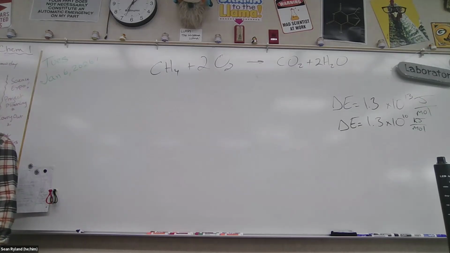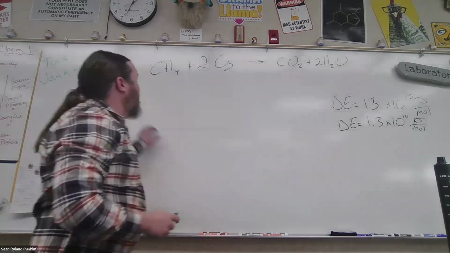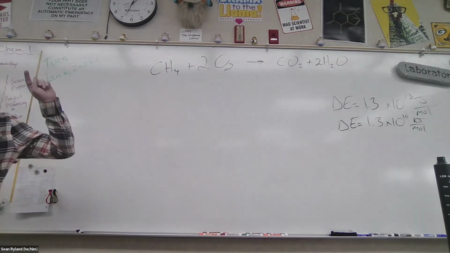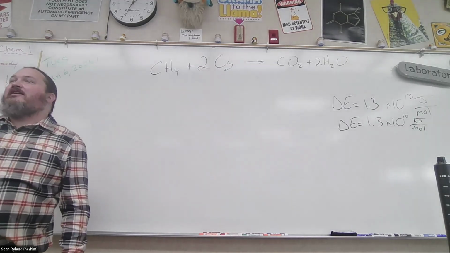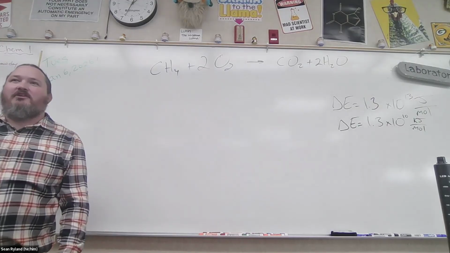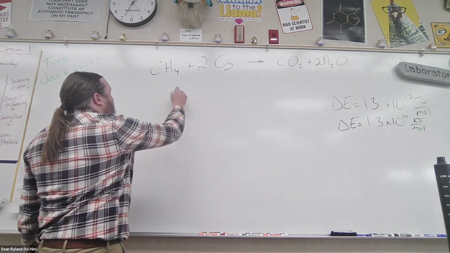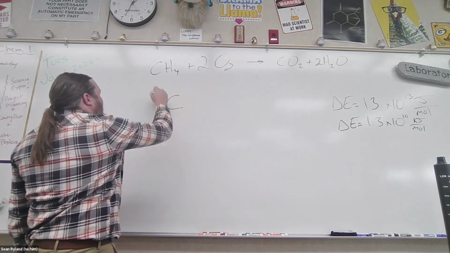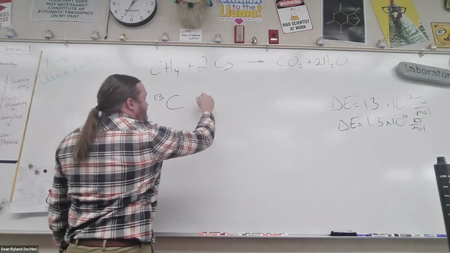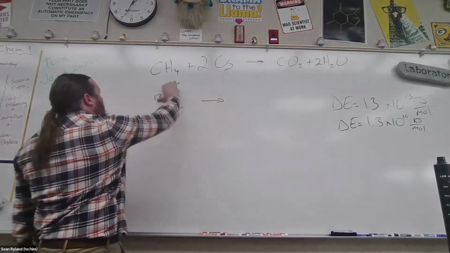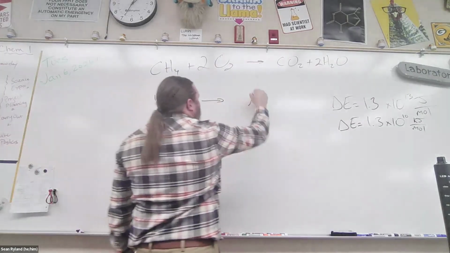Gotten pretty comfortable with that, even if it still is a little bit dicey sometimes on the trickier ones. Nuclear reactions, that's not what happens, because in a nuclear reaction, you don't end up with the same number of carbons before and after. So for instance, see if I can get this one right off the top of my head. Carbon 14, when it decays, it turns into nitrogen.